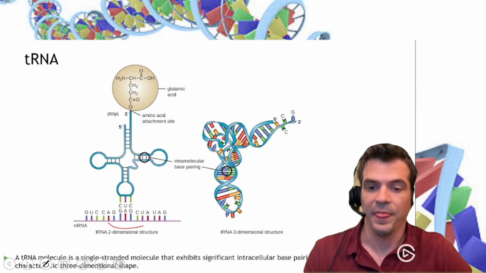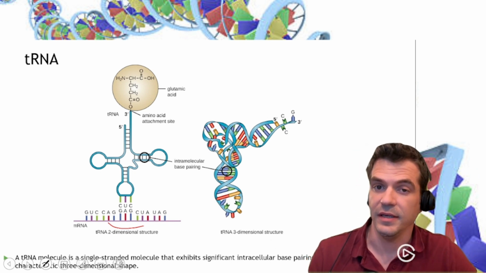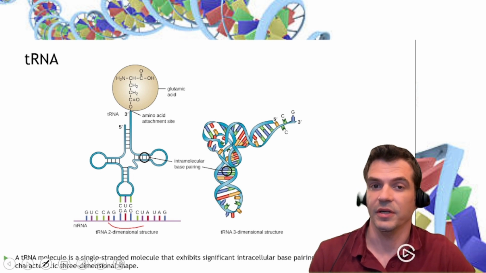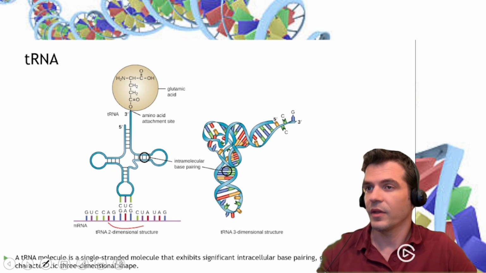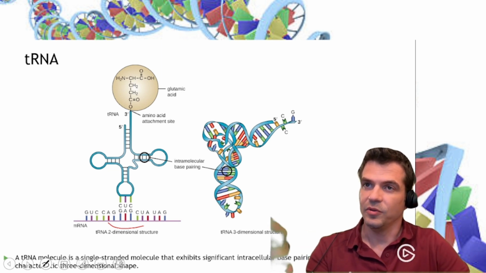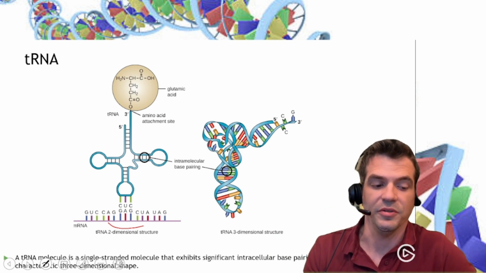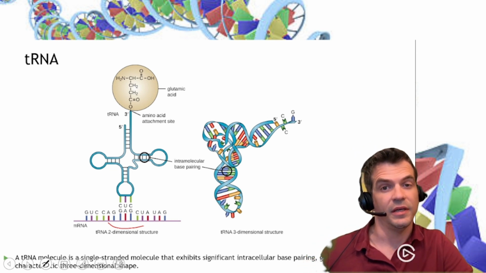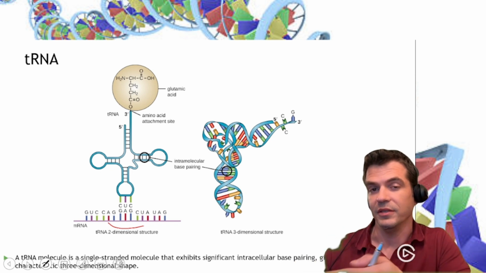C to G, A to U in RNA, right? Instead of A to T in DNA. Remember, we're going to use uracil instead of thymine. And then C to G again. So that'll pair up. The glutamic acid will then grow and pass on with the peptide bond to the growing peptide chain. Or eventually that will be folded into a protein. And that is why we learned about protein.